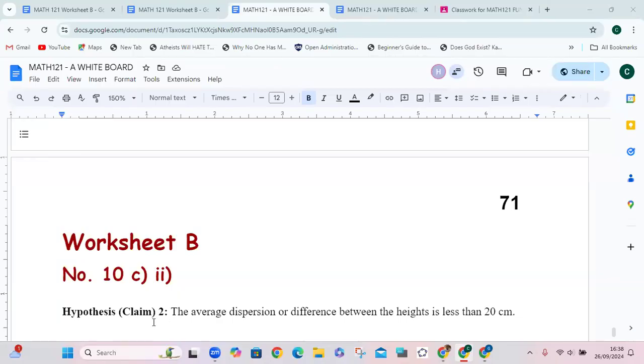Now, as you can see, claim number 2 says the average dispersion. When you say average dispersion, you are referring technically to a measure of dispersion, and the one that we have calculated that is more rigorous to use is the standard deviation. So basically we can replace the words average dispersion or average difference with the words population standard deviation.